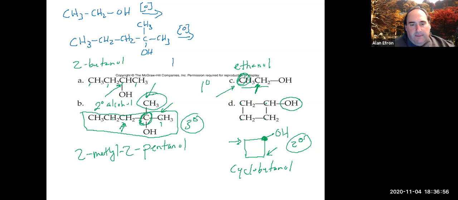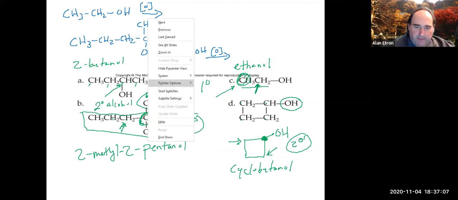And let's do this one here. All right, so take a couple minutes and see what you come up with. Draw the products of each of those reactions.